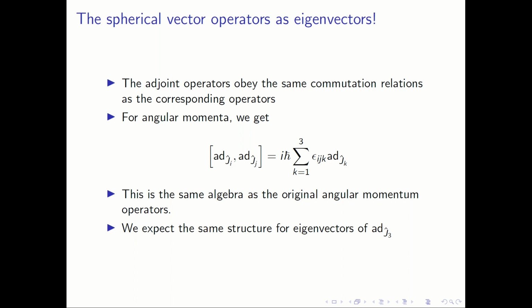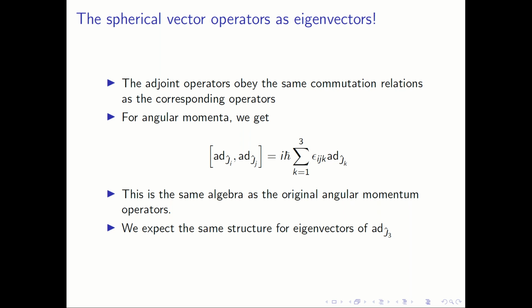So just like the angular momentum operators have eigenstates, in particular J3 has eigenstates, Jm eigenstates with m h cross as eigenvalues, and J plus and minus do certain things to them, you expect ad J3 to have eigenstates, and the eigenstate structure should be identical to what the J3 eigenstate structure is.